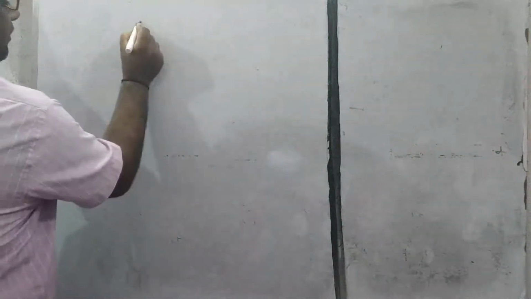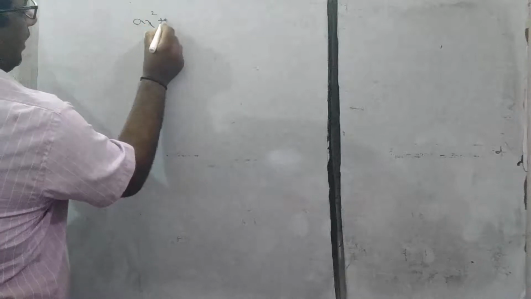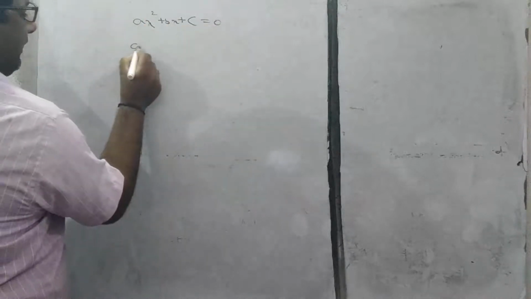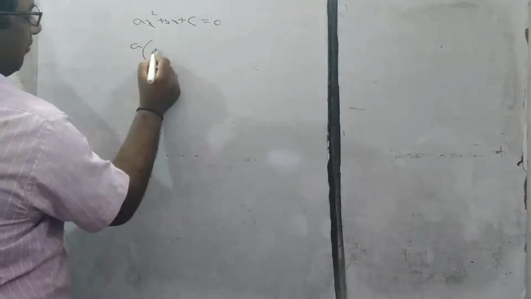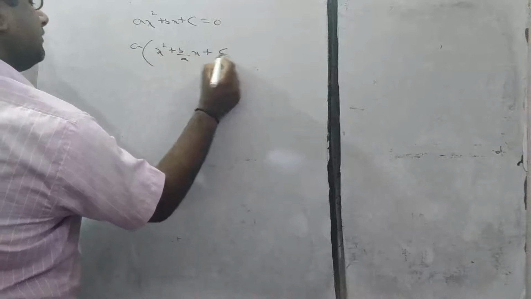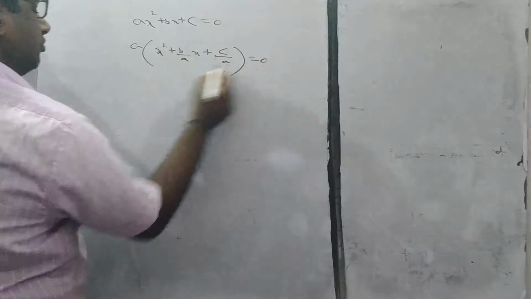If I want to solve the quadratic equation ax square plus bx plus c is equal to 0. Suppose I take a as a common, x square plus b by a into x plus c by a is equal to 0.